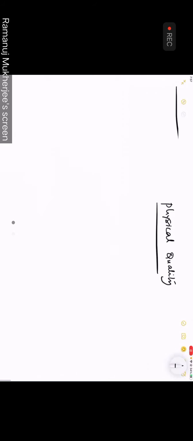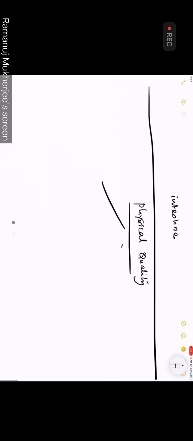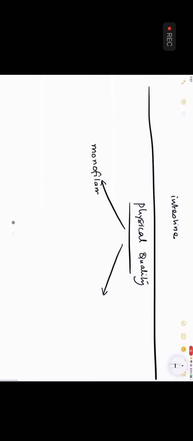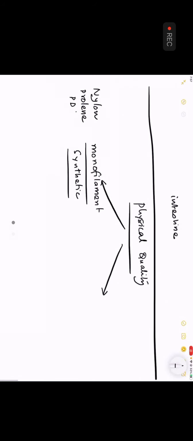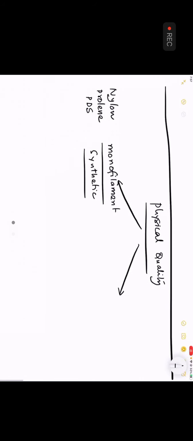Remember that sutures can be divided as monofilament. Monofilament sutures are usually synthetic. Examples are nylon, Prolene, and PDS.